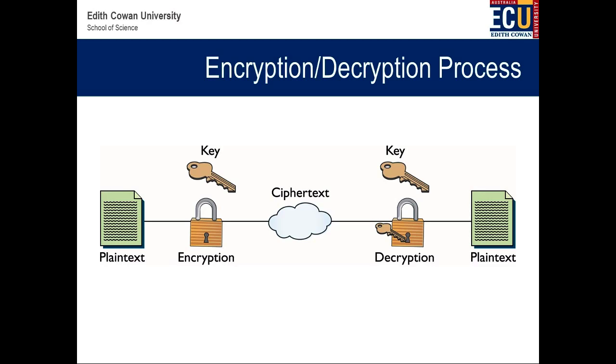And then at the receiver's end, which is Bob, we apply the decryption algorithm with the same key or a different key. We will understand the concept of key in more detail later. And after performing that decryption process, Bob is able to understand what Alice has actually sent him.